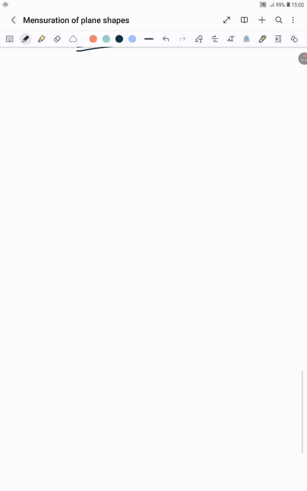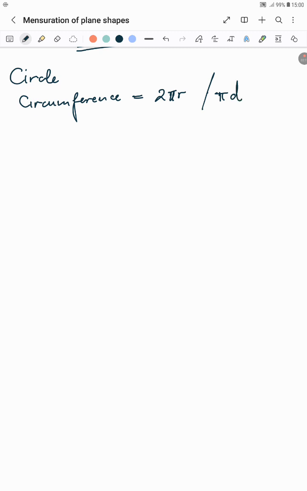Now we want to look at a circle. The perimeter of a circle is called the circumference, and is found using the formula 2 pi r or pi d, because the diameter is equal to 2 times radius.